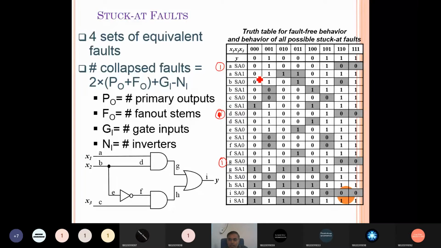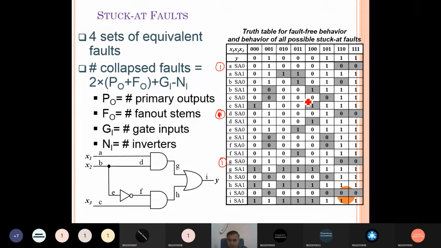And for A stuck at 1, it can be detected using these two test patterns, and no other fault can be detected using only those two test patterns, right? So this is not equivalent. Now here you can see B stuck at 0 has 1 and 0, and we do not have such 1 and 0 elsewhere, so this is not unique. And B stuck at 1 has 0 and 1, and we have to see where else we have 0 and 1.